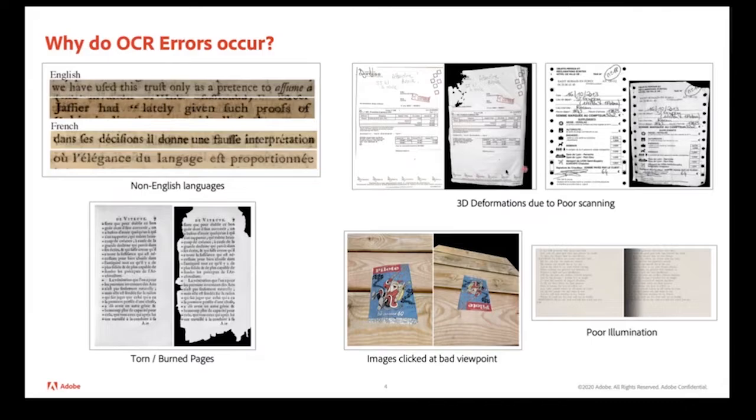Even modern, digitally generated documents like bills, contracts, and invoices could be torn or deformed. The photo could have been clicked from a different viewpoint or scanned at a different angle, or there could be shadows like this due to poor lighting and so on.